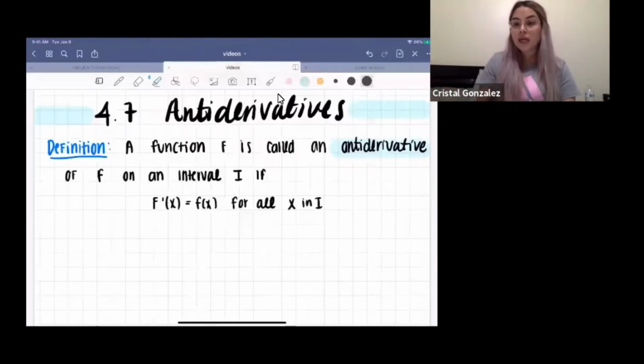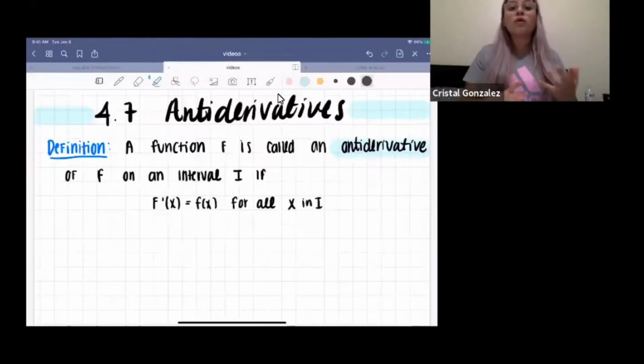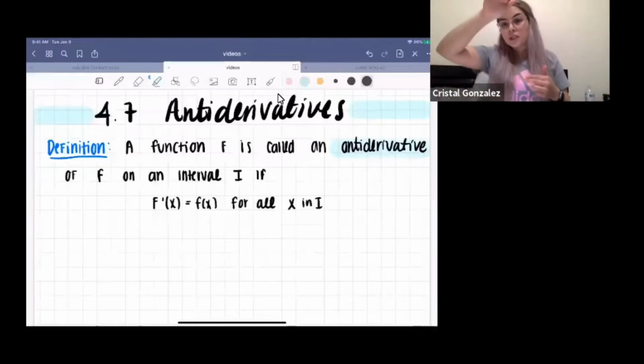In applications, right? Remember, a couple weeks back, more towards the beginning of the semester, when we were looking at derivatives, we were able to find velocity and acceleration from the position function. But what if we know acceleration and we want to know the position function?